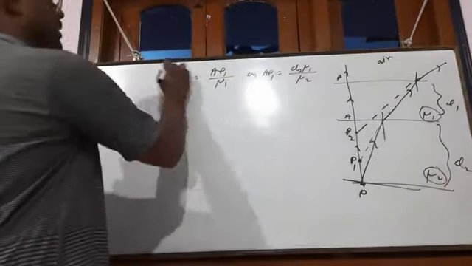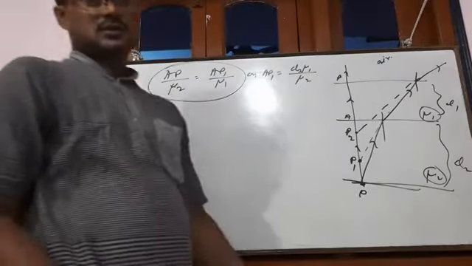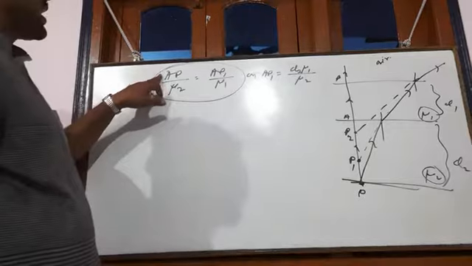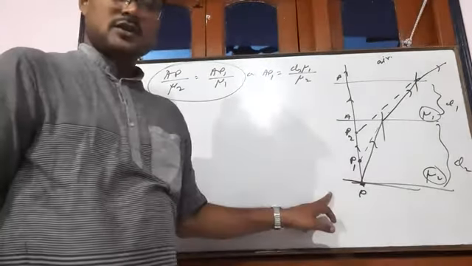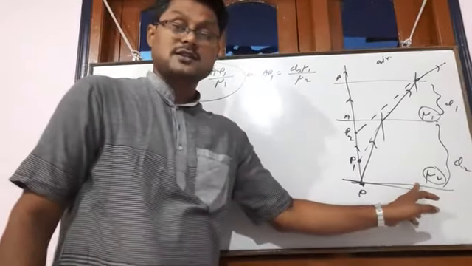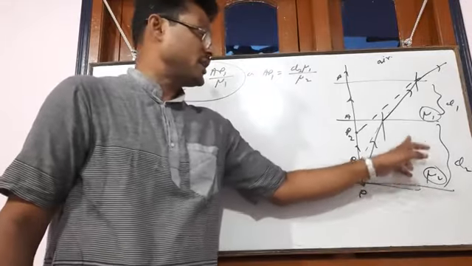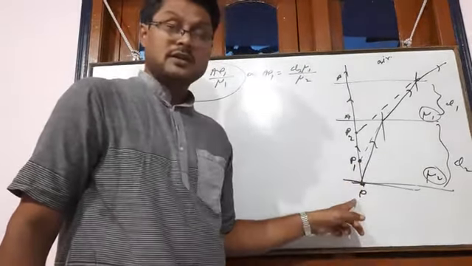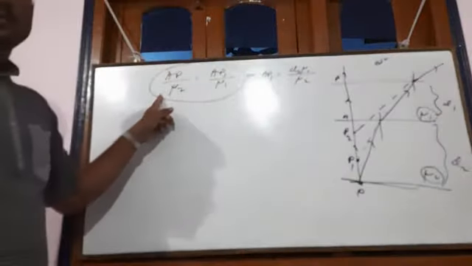So where does this formula come from? From the last one. AP means real depth. The real depth is seen in mu2. That's why if we place the eye in mu2, then we can observe P.